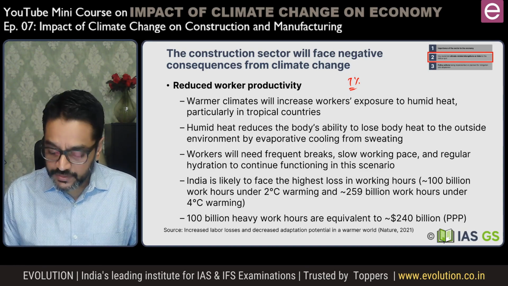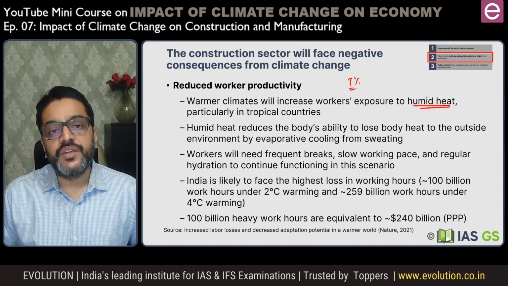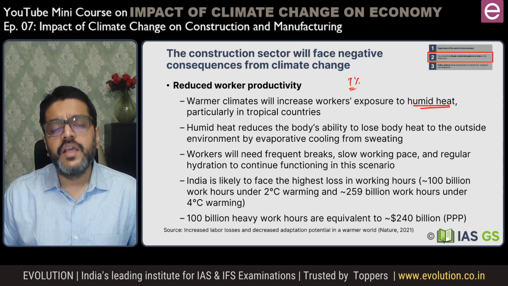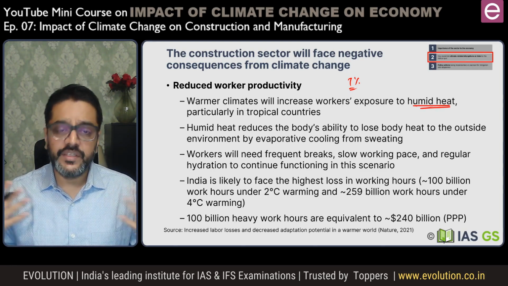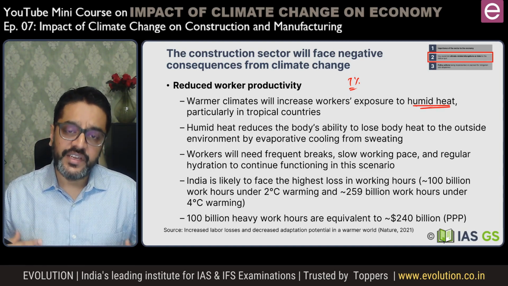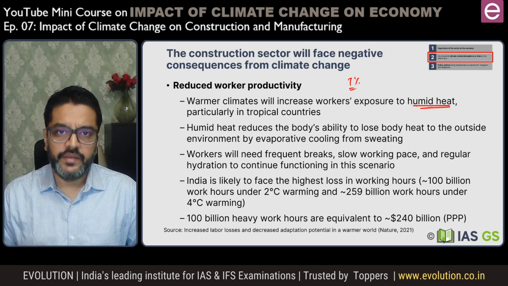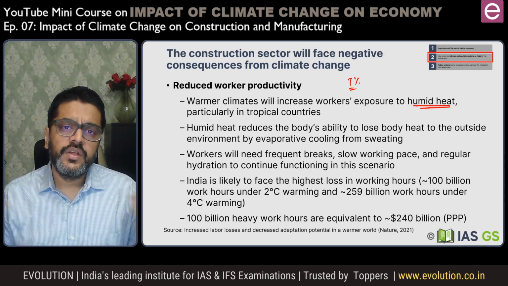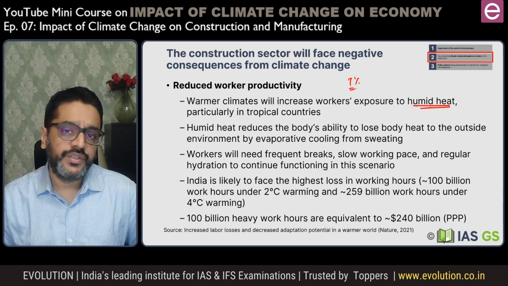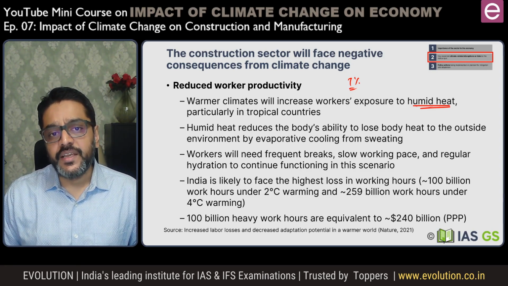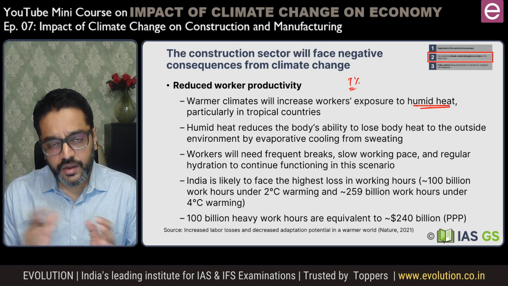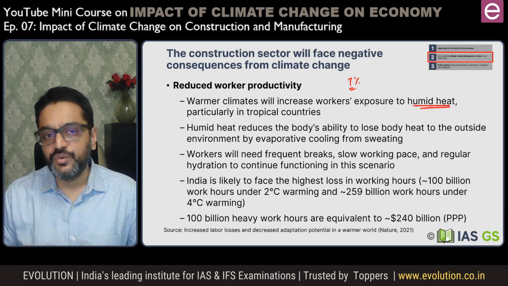And then it exposes our bodies to something called humid heat, right? If there is a lot of humidity and a lot of heat, our body is not able to reduce its temperature through sweating because the atmosphere is not able to take up additional moisture. So the whole operating environment becomes hazardous to human beings.